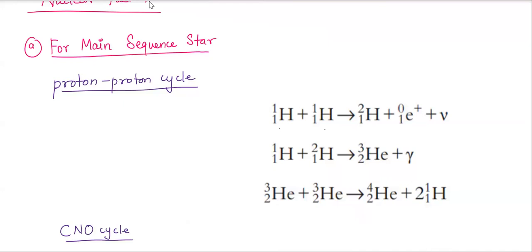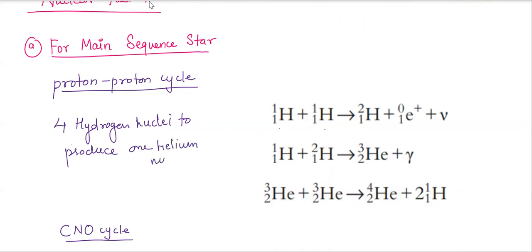So basically, we require four hydrogen nuclei to produce one helium nucleus. Each helium-3 is formed by three hydrogens, so for two helium-3 there would be six hydrogens needed, but two hydrogens are returned and must be subtracted.